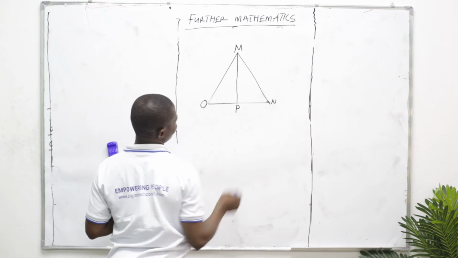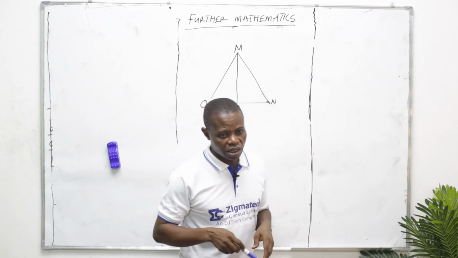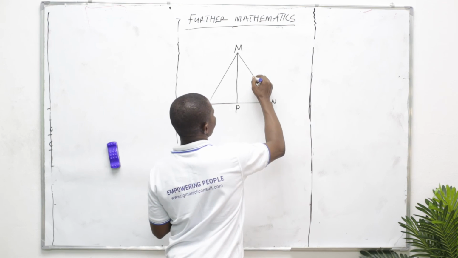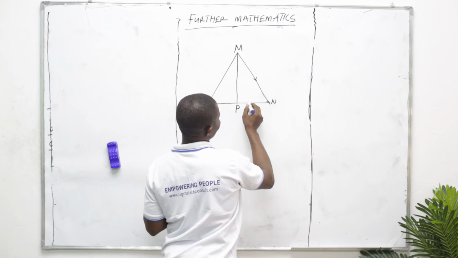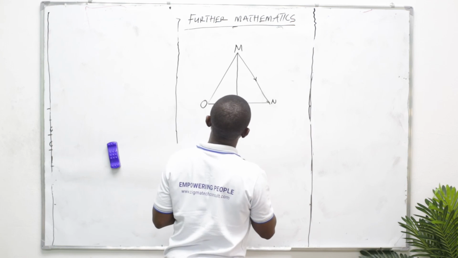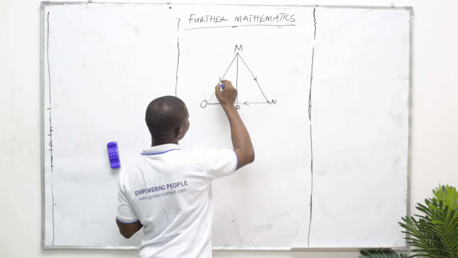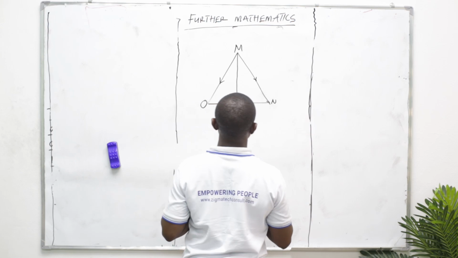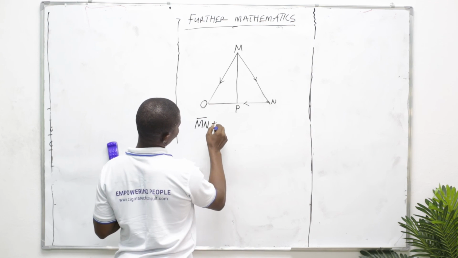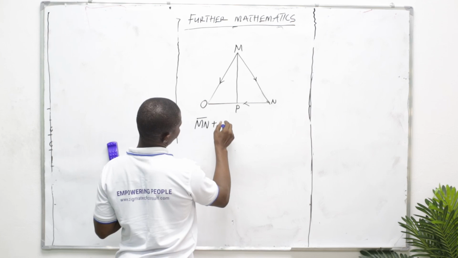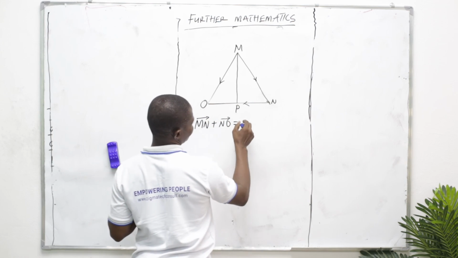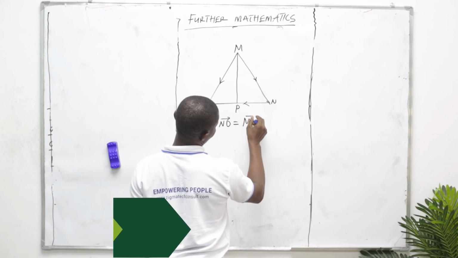You were told P is the midpoint and equidistant from MN. Then vector MN plus NO equals vector MO.